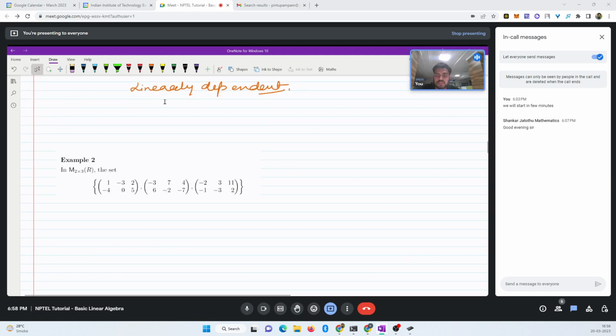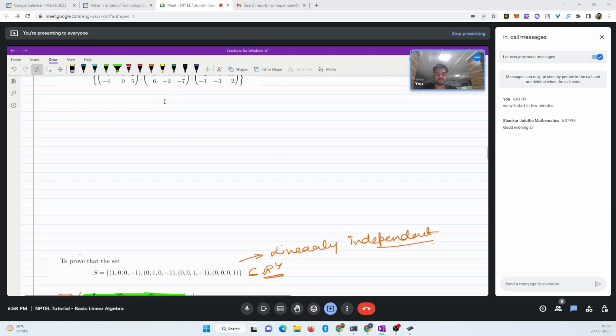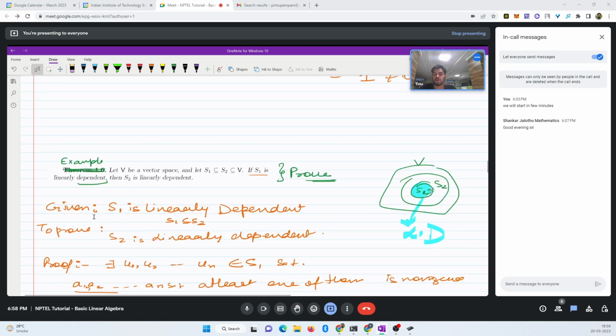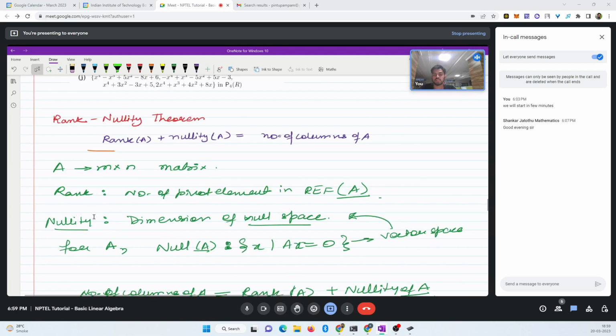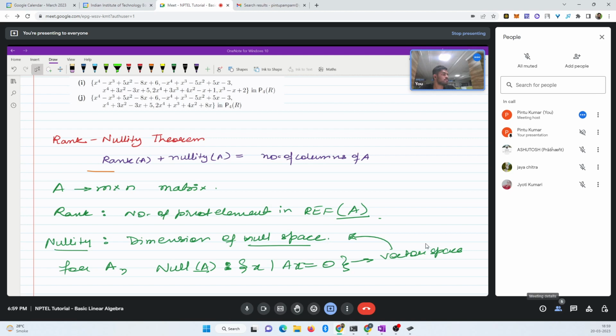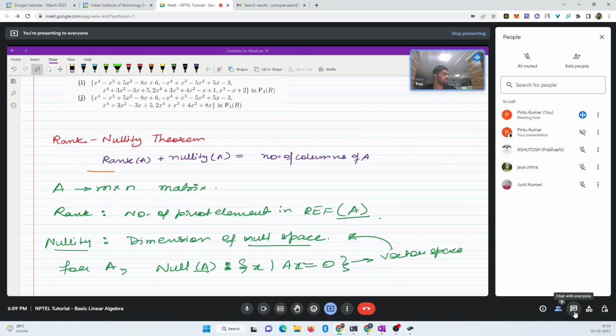So now we'll deal with these questions that we left related to linear independence. I hope the rank nullity theorem was clear to everyone. Among those who joined late, I think Ashutosh and Jyoti joined late. If you have any doubt with the rank nullity theorem, or if you want me to repeat it, I can repeat it, but you will have to ask.